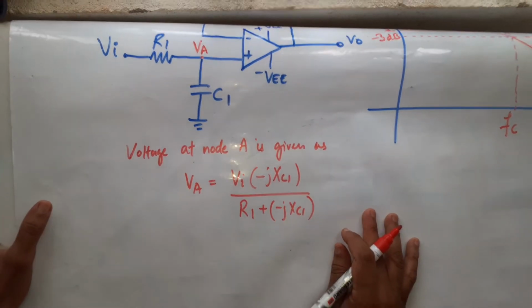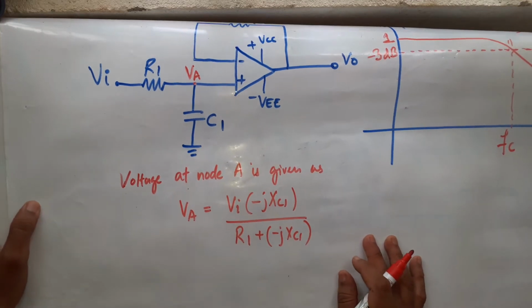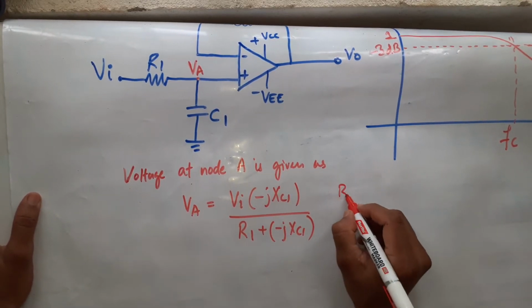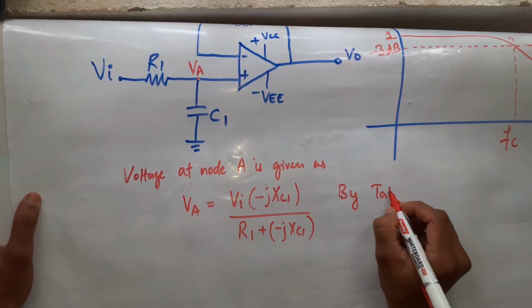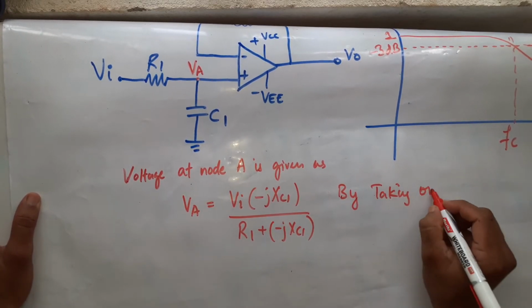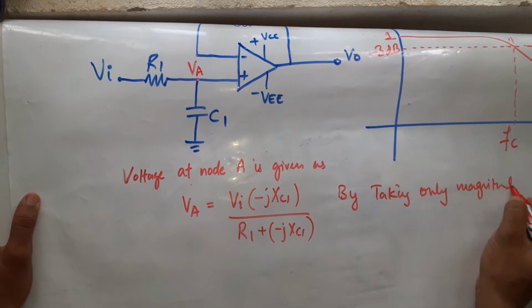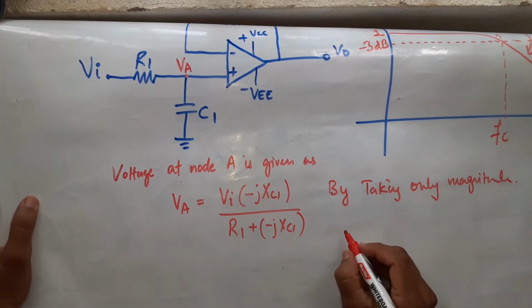So if I simplify this, if I just take its magnitude, by taking only magnitude, how can I write this?